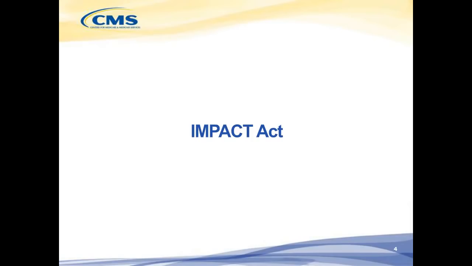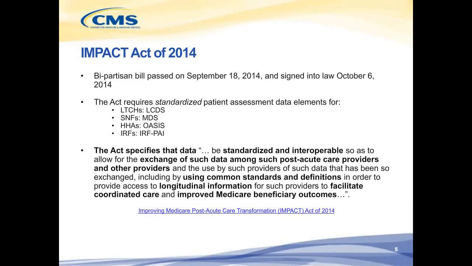Next slide, if we could get to slide 5, that would be great. Okay, wonderful. So I'm going to start off, again, with some background information. The Impact Act, or the Improving Medicare Post-Acute Care Transformation Act, is a bipartisan bill that was signed into law in 2014.